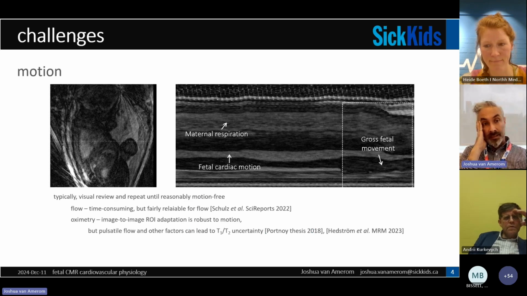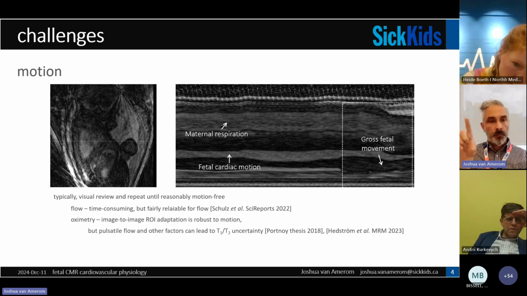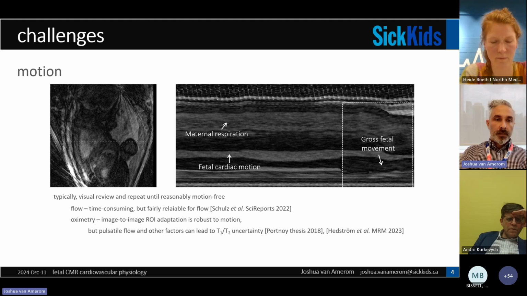As has been highlighted a couple times now, though, motion is going to be one of the major challenges here. And what we're looking at here is one of these real-time image series that Eric had spoken of. And what you can see is there is all kinds of movement happening, fairly benign, and then at some point you have quite a bit of fetal movement.